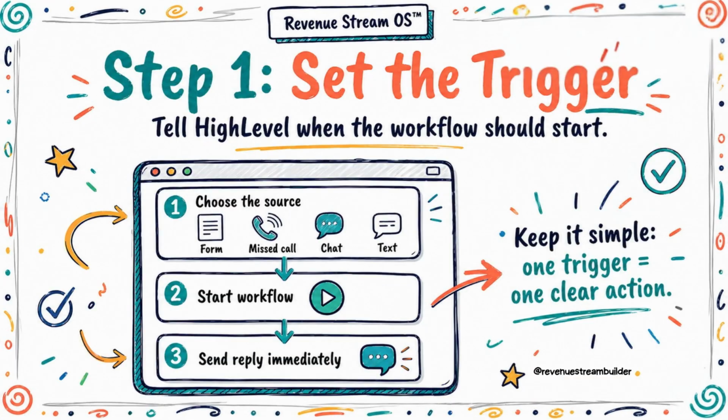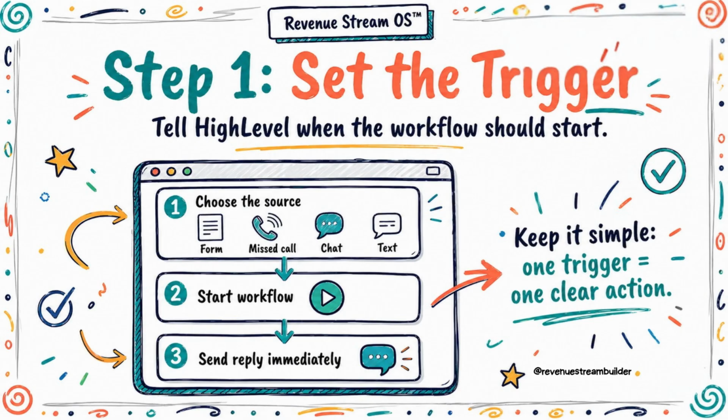Your trigger is the when this happens, do that part, right? For most of you, the best first trigger is a form submitted because it's consistent and trackable. If you have multiple lead sources, don't panic. Start with just one, then build the next one.